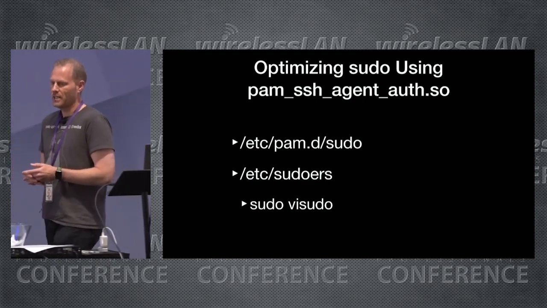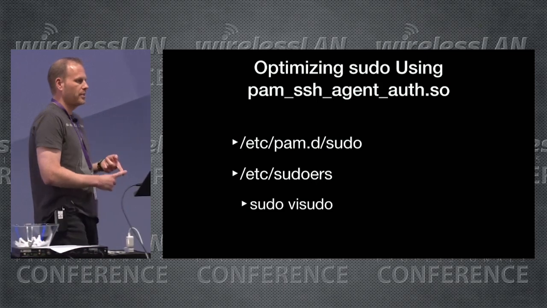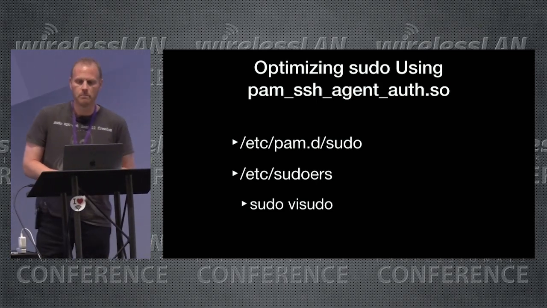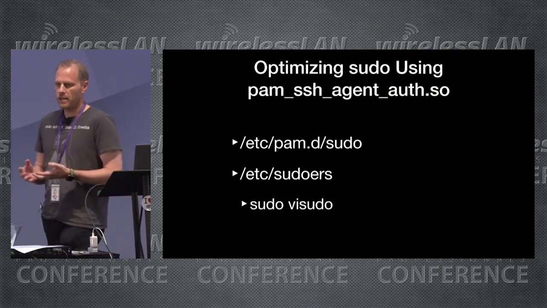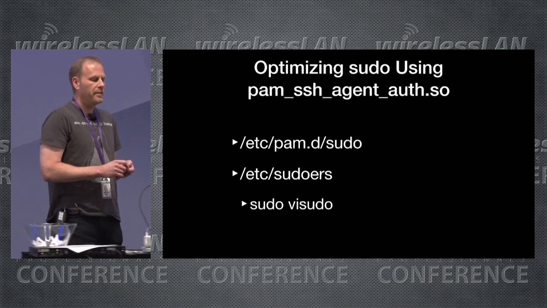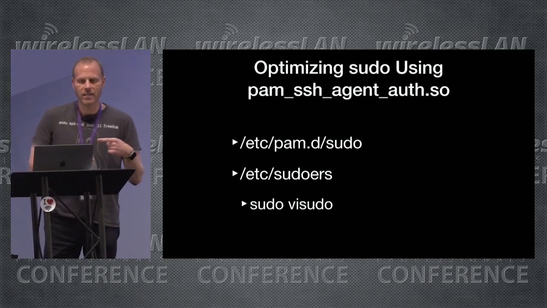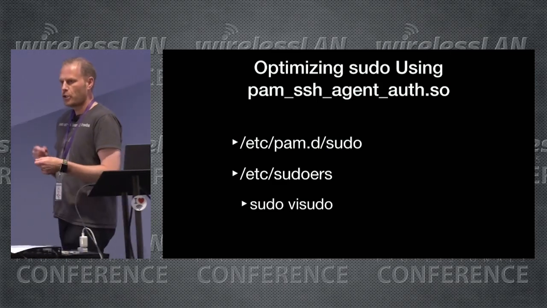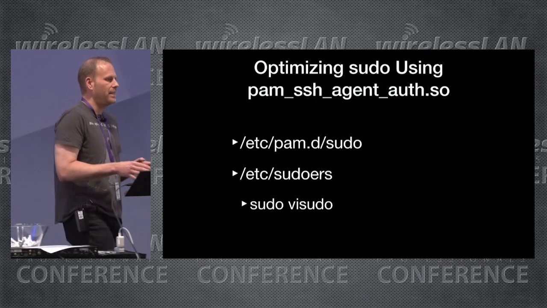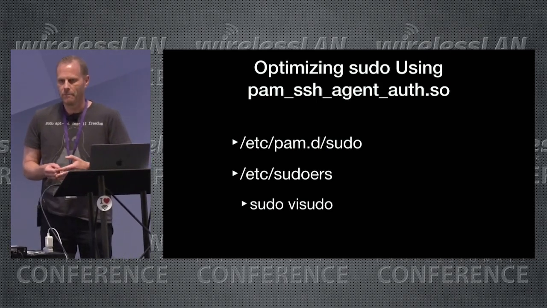Another really cool thing that I came across, I was reading the book SSH Mastery by Michael W. Lucas and watched one of his videos from a user group presentation he did. He mentioned this plugin, which is called pam_ssh_agent_auth. What this allows you to do is forward your SSH agent session using your public key, thus negating the need to enter a password anytime you need to use sudo.